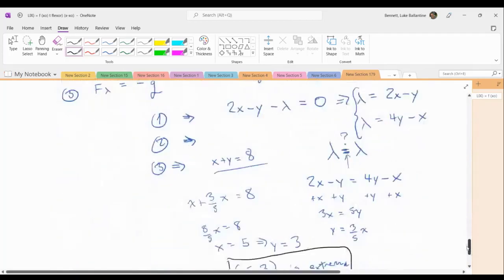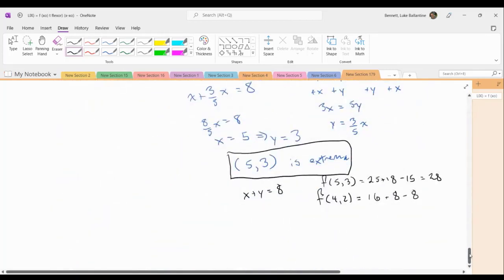Gosh darn it. This is 16, which is smaller. And I was claiming that it was a minimum. And so f of 5, 3 would have to be smaller than anything.